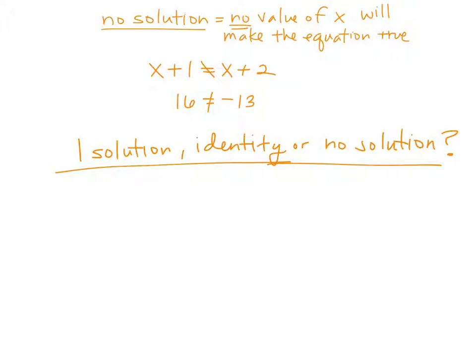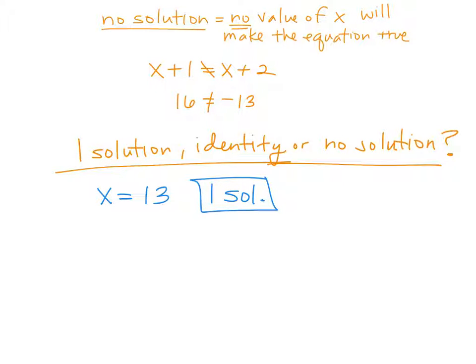If I give you a problem and once it's solved, it looks like this: x equals 13. Is that one solution, an identity, or no solution? That's one solution. When your variable equals a number, that is one solution.